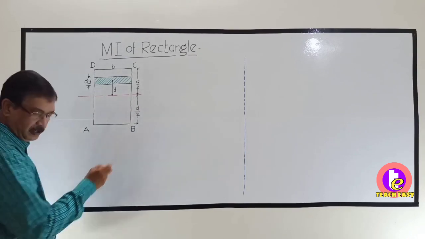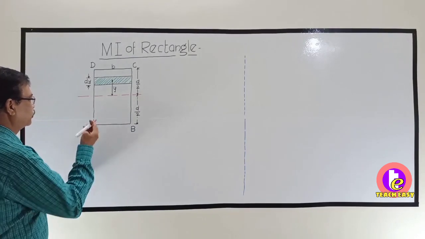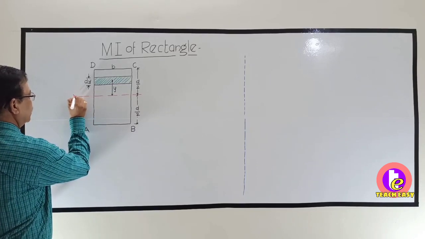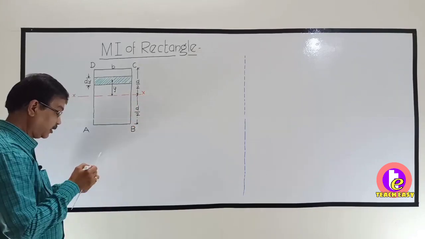Now as usual, this is the symmetrical section, you know. So this is the horizontal axis passing through the centroid, which is the x-axis.